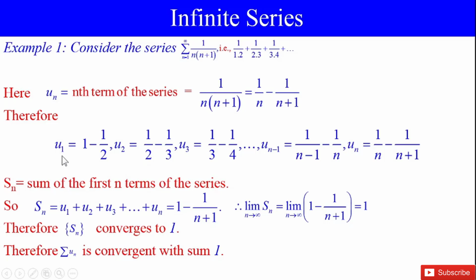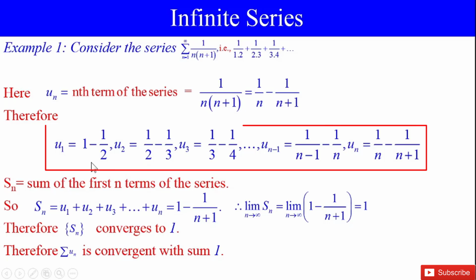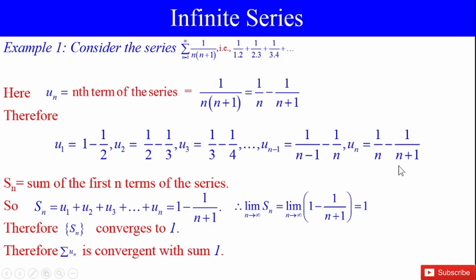Therefore, for n equal to 1, u1 is equal to 1 minus half. For n equal to 2, u2 is equal to half minus 1/3. u3 is equal to 1 by 3 minus 1 by 4. In this way, the last term is un equal to 1 by n minus 1 by n plus 1.